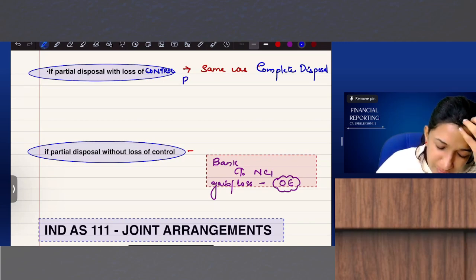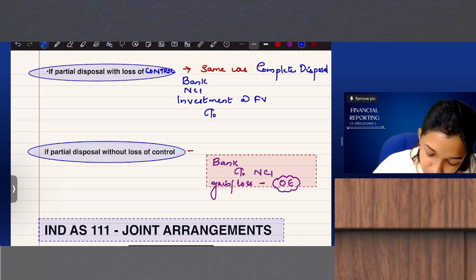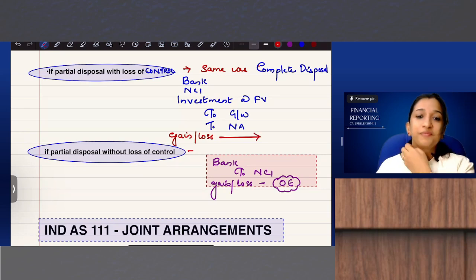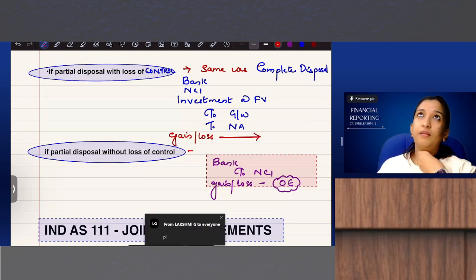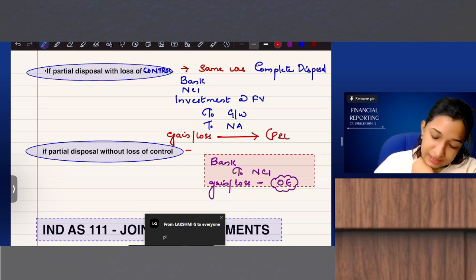That is, my entry will be bank debit, NCI debit, investment debit. This investment should be recorded at fair value. To goodwill, to net assets. Here the gain or loss goes to P&L, correct, the statement of P&L.